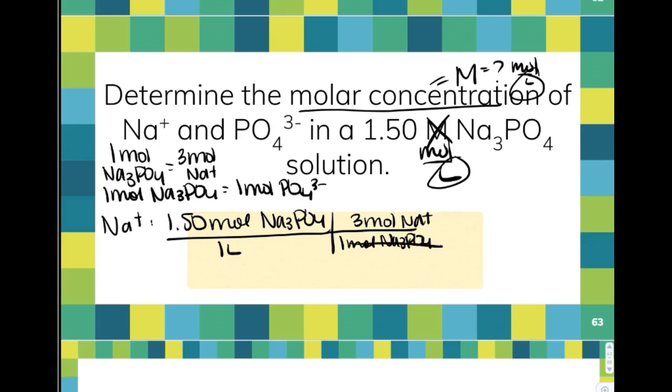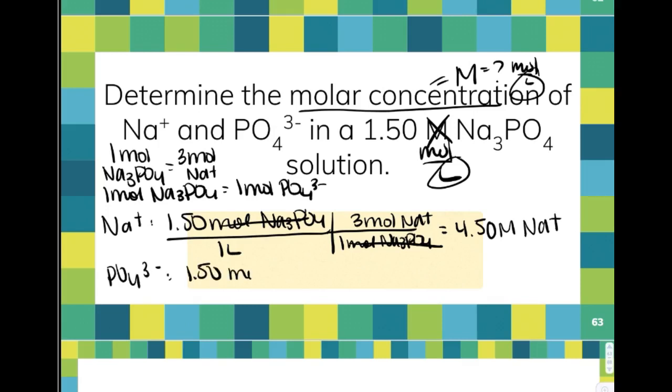And so the sodium phosphate will cancel, leaving me the moles per liter of the sodium. And so you'll find that you can do the really quick conversion with molarity just by multiplying by the subscript. And so you get 4.50 molar Na plus.